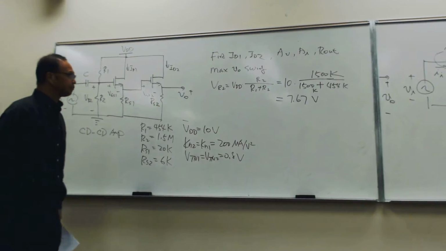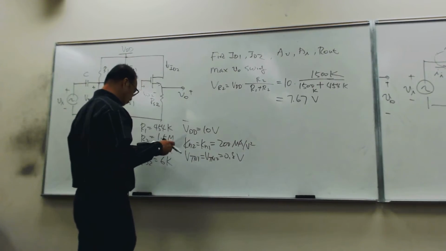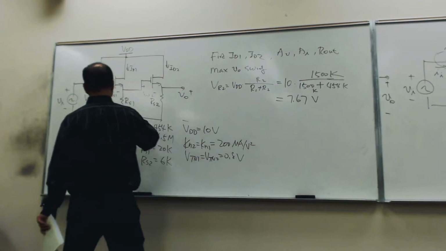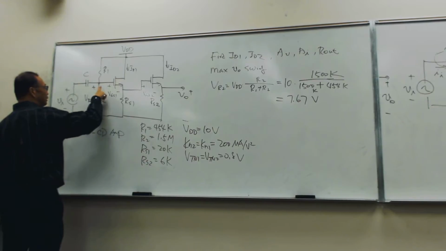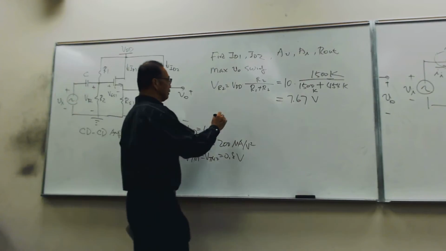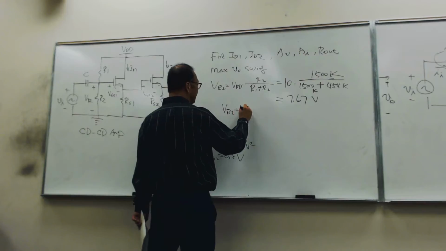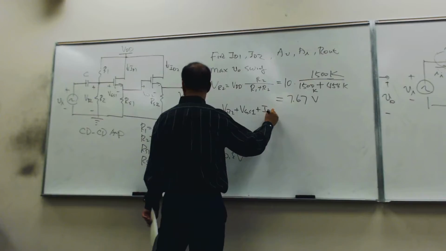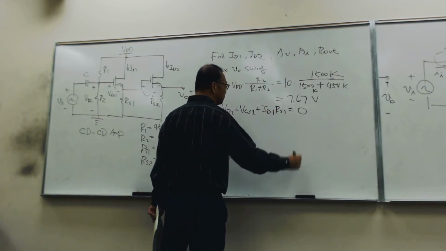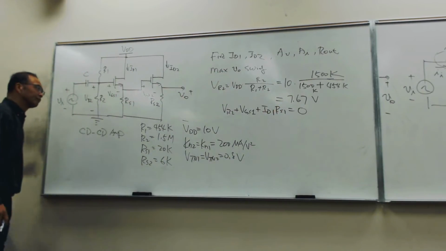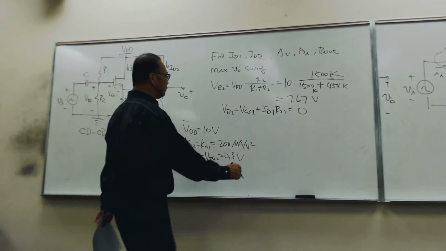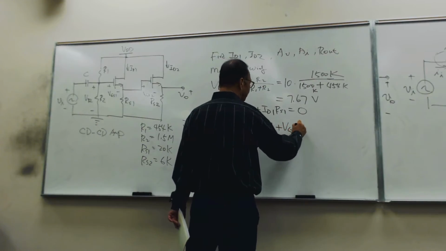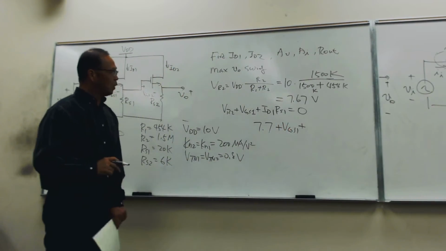Once you have that, if you go around the loop right here, you have VR2 plus VGS1 plus ID1 RS1 equal to 0, yes? So you have 7.7 plus VGS1 plus, well, what is ID1?